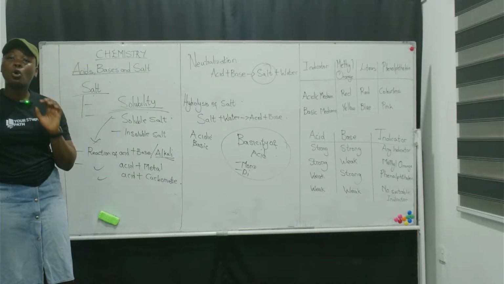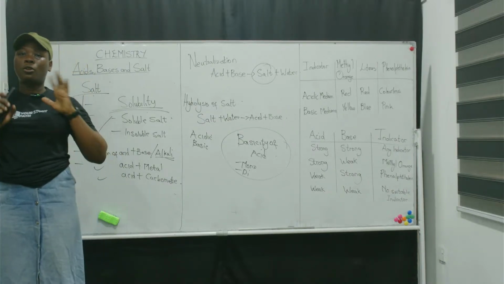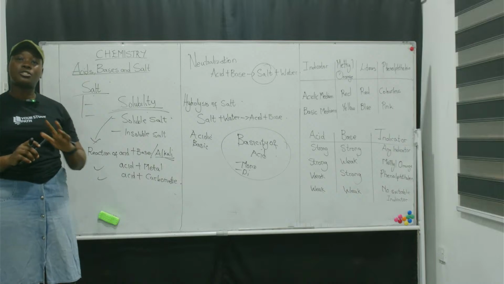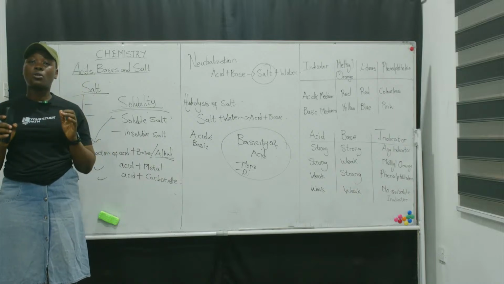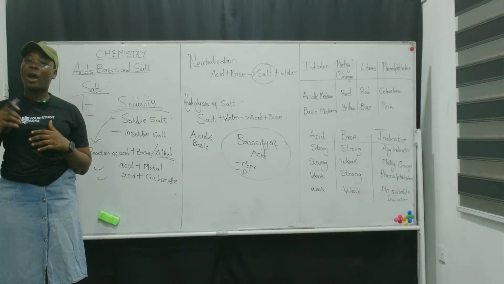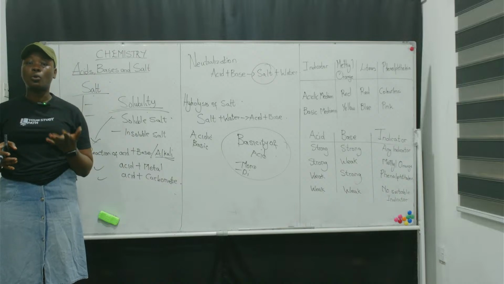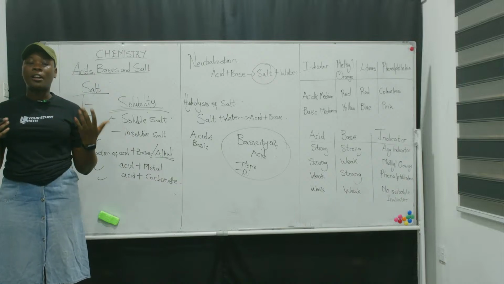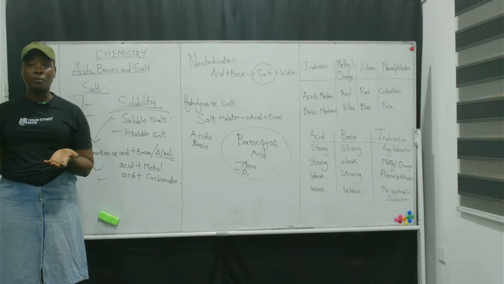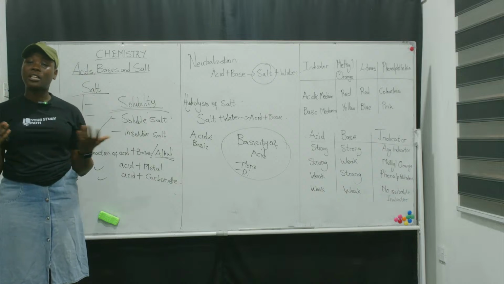So the reaction of acid and base, acid and metal, and acid and carbonate will give soluble salt. Don't forget, I've established that you can classify salt based on their solubility. They are prepared differently because one is soluble, meaning it can dissolve, and the other is not.